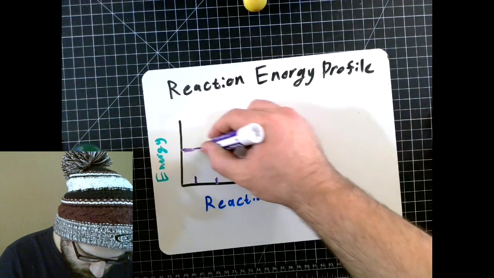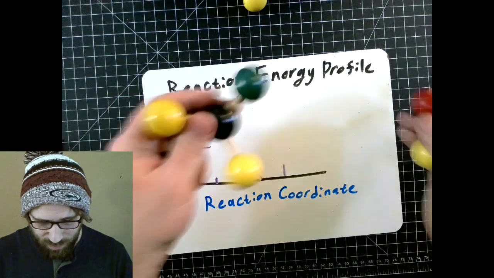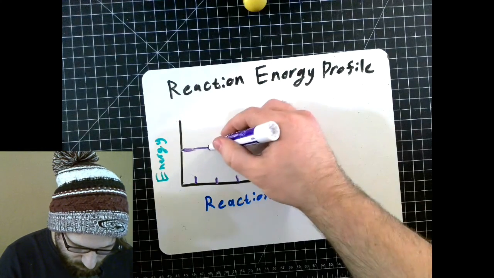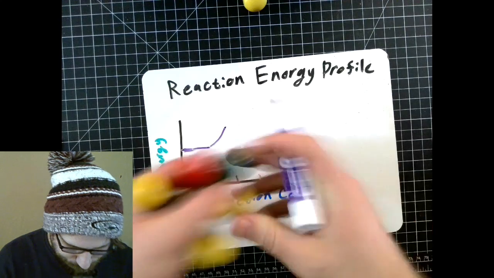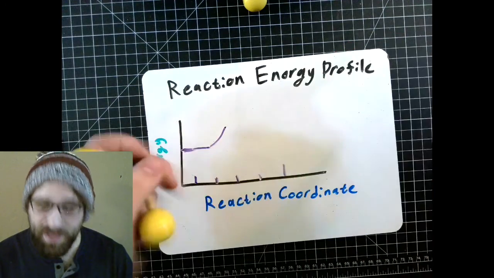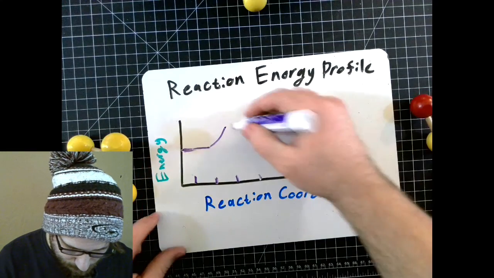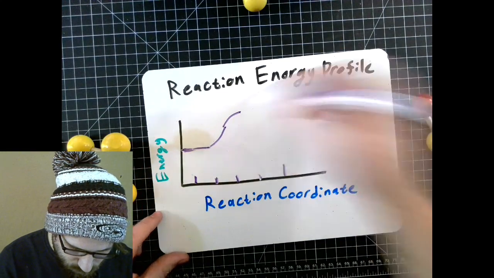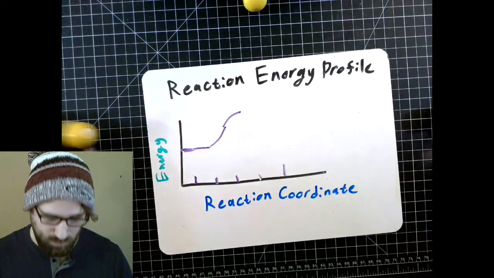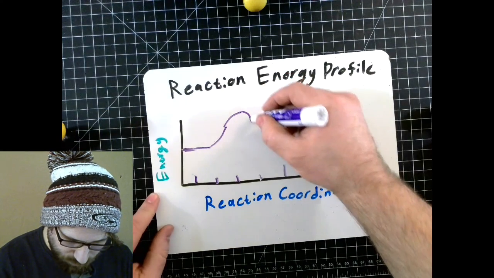But once the hydroxide collides, our energy starts to go up. And when our hydroxide collides with enough force to break this bond, our energy is going to peak. And then, as the hydroxide forms a new bond, our energy is going to go to a lower stage.